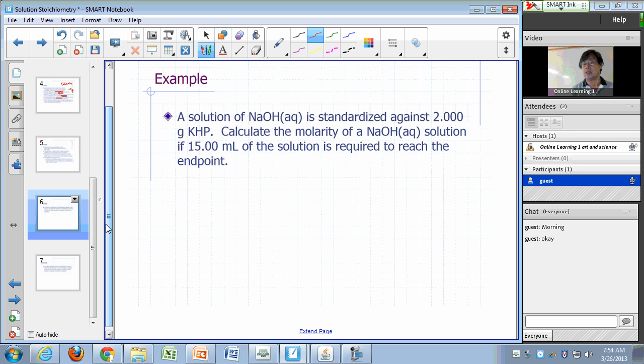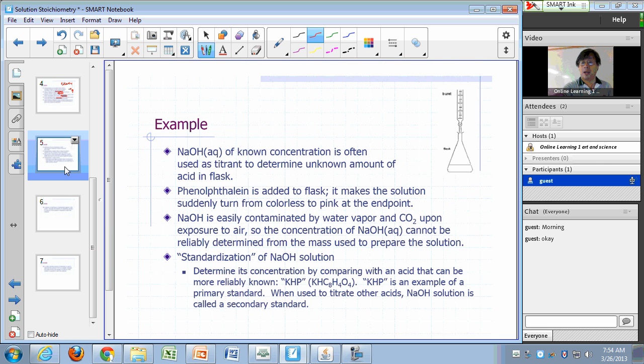So once you make your sodium hydroxide solution, you have to compare it against a standard, and our standard in this case is KHP. Okay, so your KHP is KHC8H4O4, potassium acid phthalate.